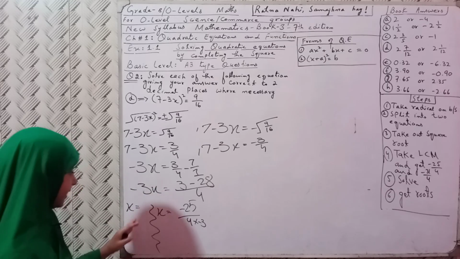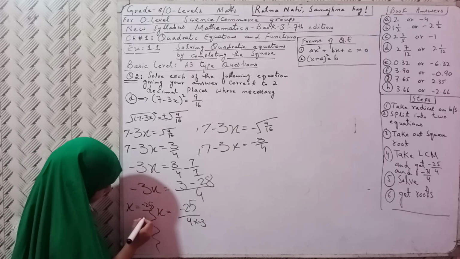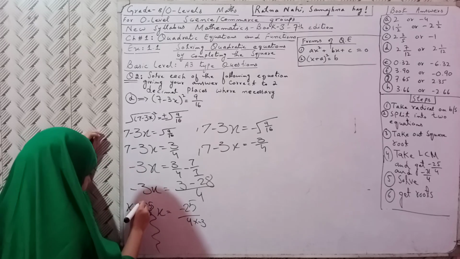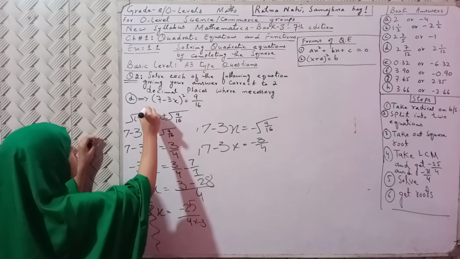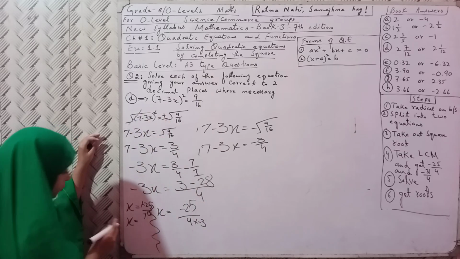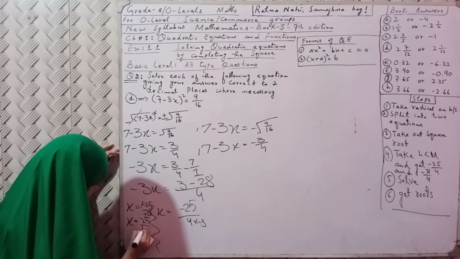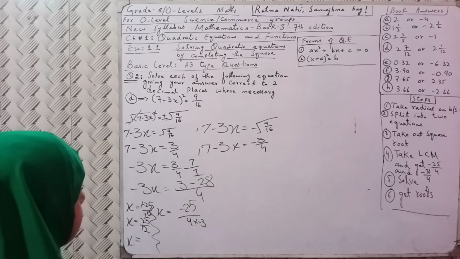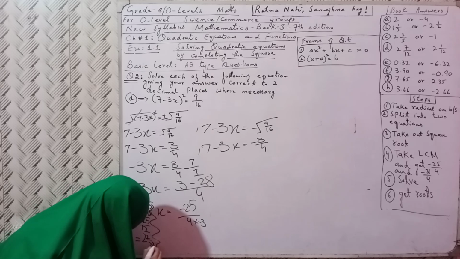The remaining one I am writing here, as I have no space. 25 upon minus 12, and the minus will be cut. So here will become 25 upon 12. Then x is equal to 2 1 upon 12.